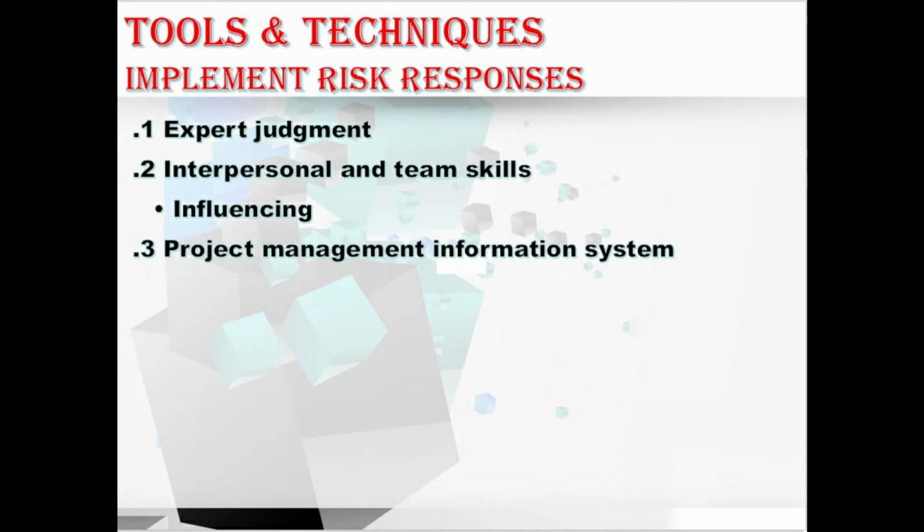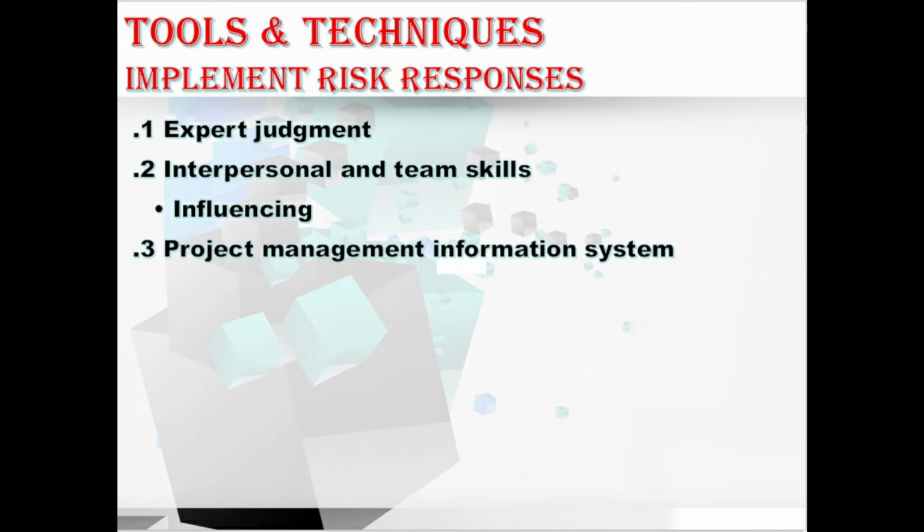Moving to interpersonal and team skills, which consist of influencing. What is influencing here? The project manager or person responsible for facilitating the risk responses may need to exercise influencing to encourage the nominated risk owners to take the necessary actions wherever required. This is about the influencing technique for interpersonal and team skills.